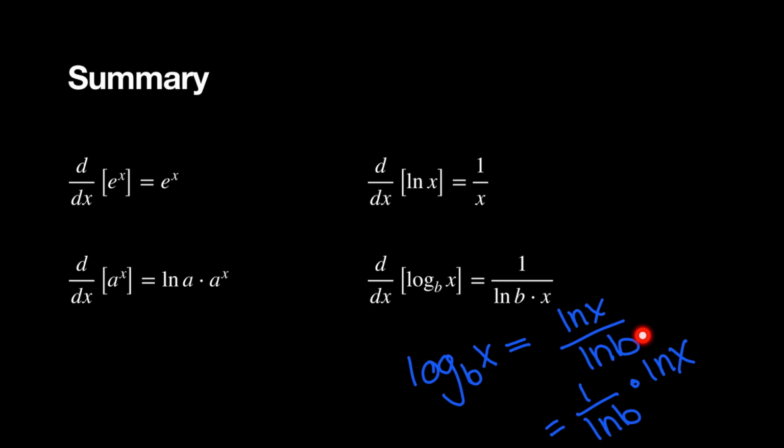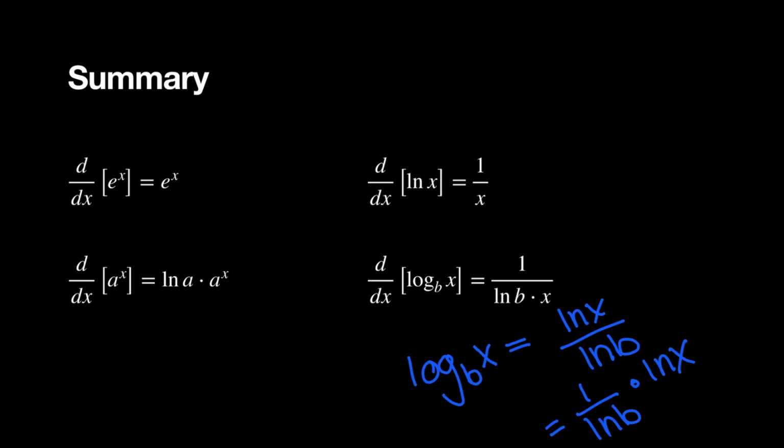That's because this divide by ln b in my change of base formula is actually a constant. So we've got 1 over ln b, that's a constant, times ln x. When we take the derivative, that constant's going to stay there. We're going to get 1 over ln b times 1 over x. And that's going to give us our 1 over ln b times x.